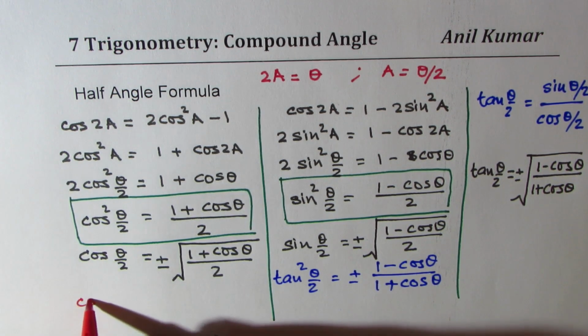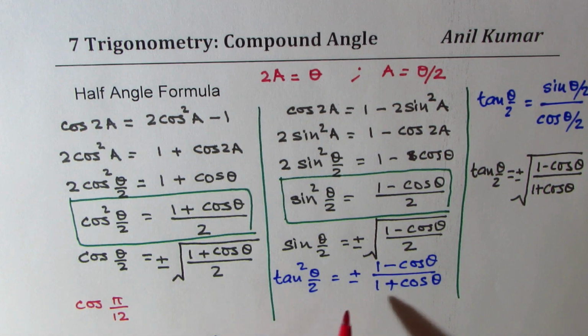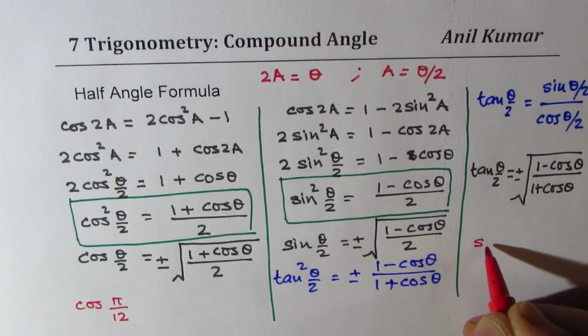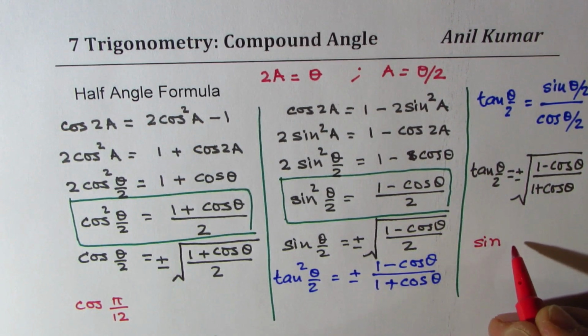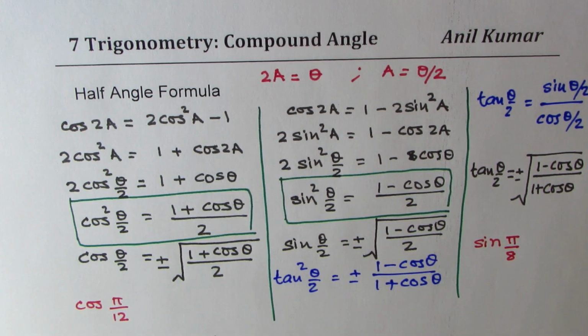Find what is the value of cos pi by 12, for example, right? So that is half of pi by 6. Perfect. You could do this, or let's say find what is the value of sine pi by 8, for example. Correct? So that is half of pi by 4.